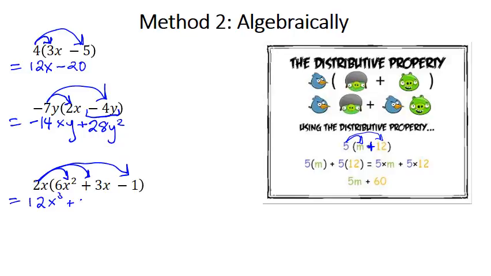Well, 2 times 3 is 6, and x times x is x squared. Then 2x times negative 1, make sure you include that negative there. 2 times negative 1 is negative 2, and then there's no variable, so it'll be x. So here we have our 12x cubed plus 6x squared minus 2x.